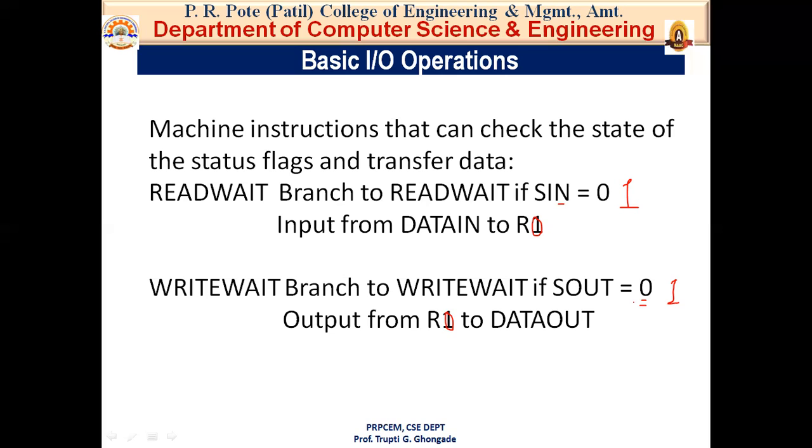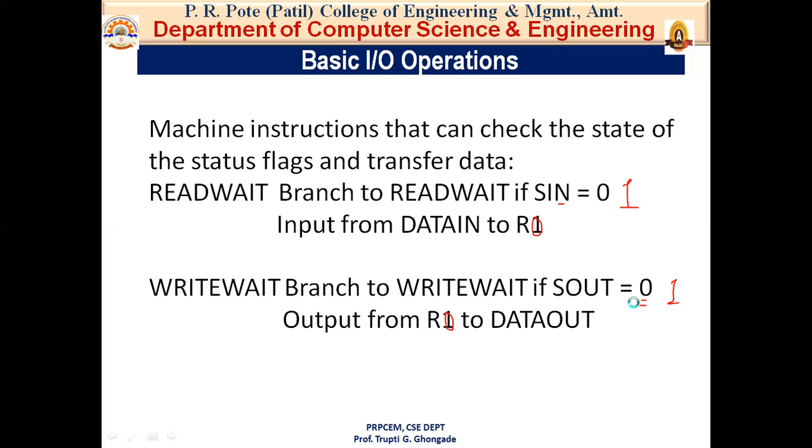Thus no special instructions are needed to access the contents of these registers. Data can be transferred between these registers, that is data in and data out, and the processor using instructions such as move, load, or store.